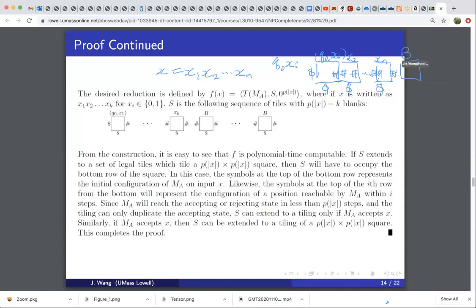So that's blank. That's the tiles for the initial configurations.